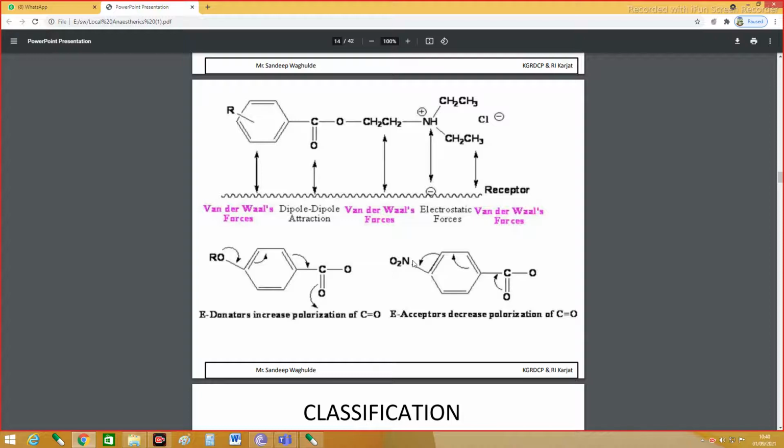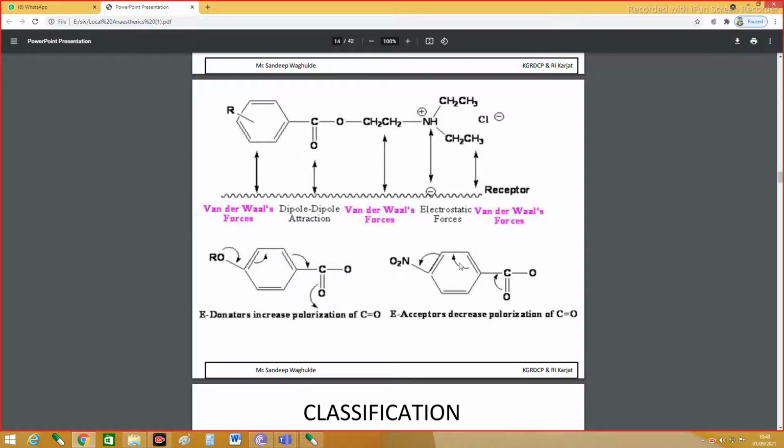Similarly, if we have an electron withdrawing group at the para position, for example a nitro group, this nitro group will accept the electron from the ring system. Nitro is one of the unstable groups in chemistry.